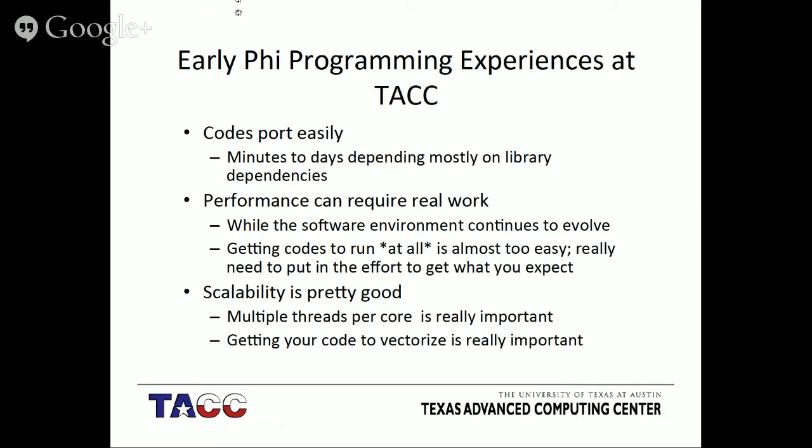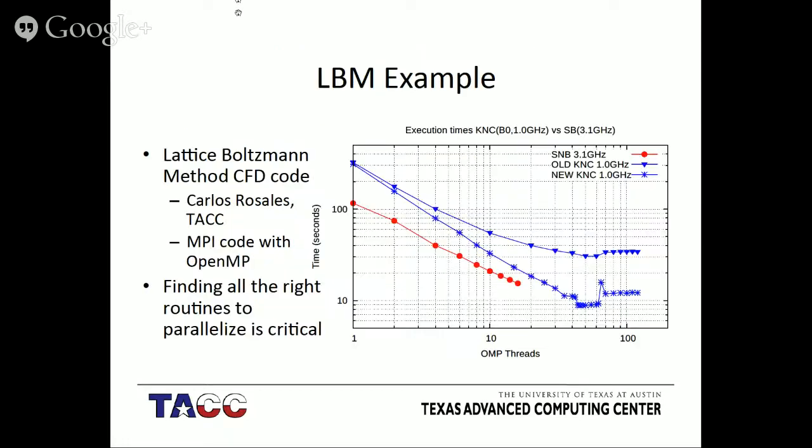But that's not really the main bottleneck on the Xeon Phi. So scalability is pretty good. And then also getting your code to vectorize is really very important. You have these wide vector units. If your code doesn't vectorize, you leave close to 90% of your performance on the table.